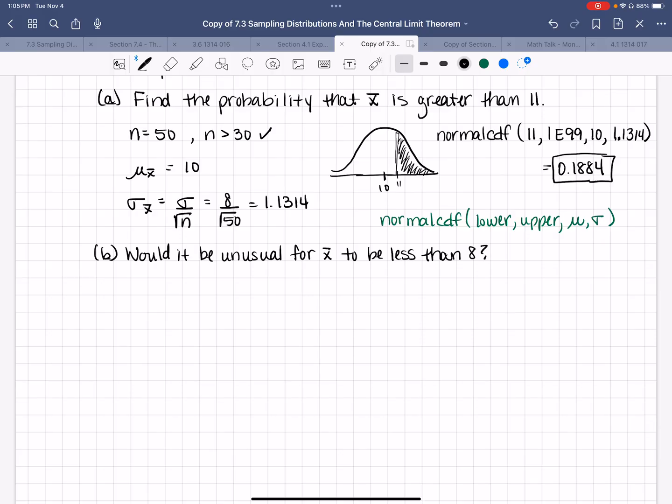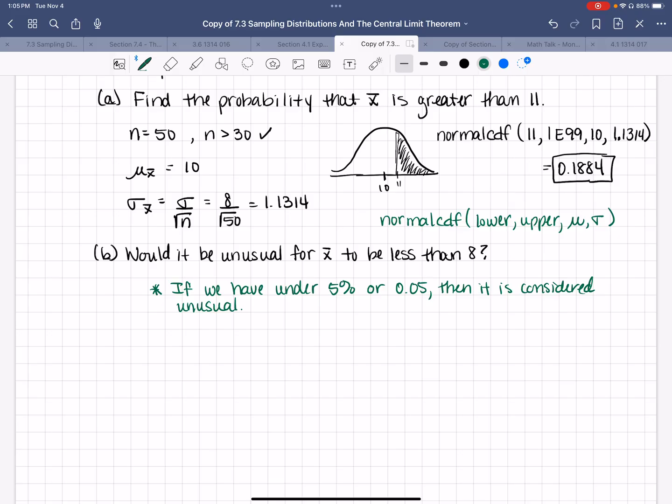I'm not sure if we directly talked about it or not, so I'm going to give you this little blurb right here. If we have under 5% or 0.05, then it is considered unusual.